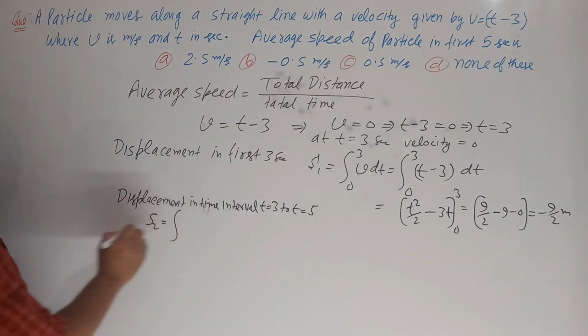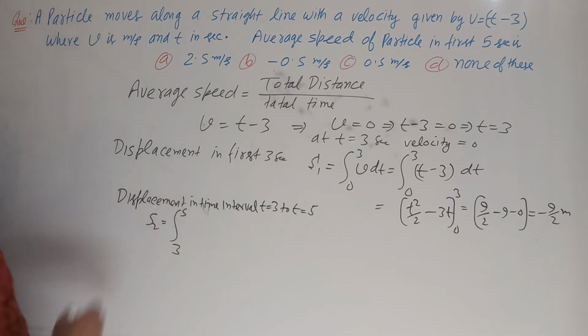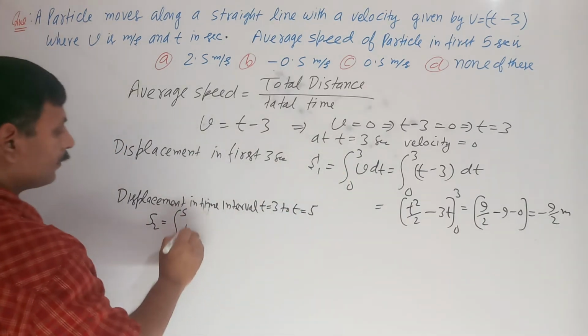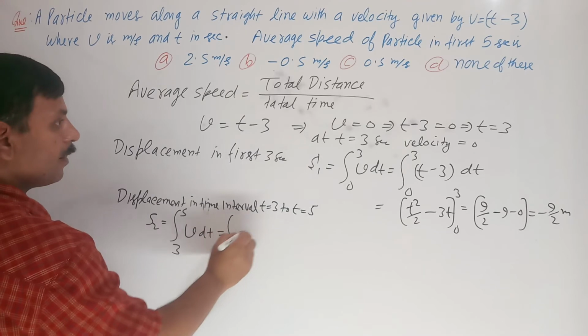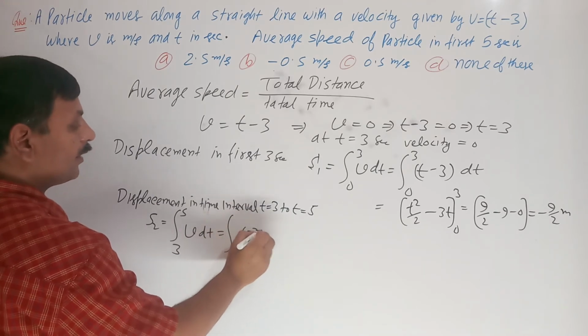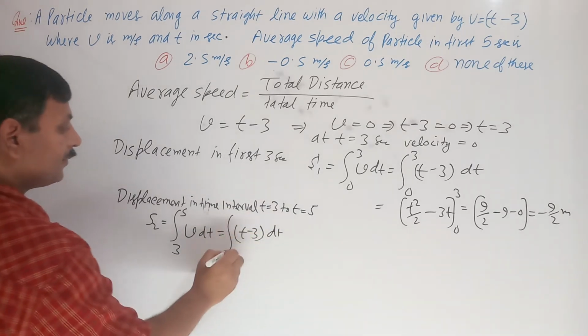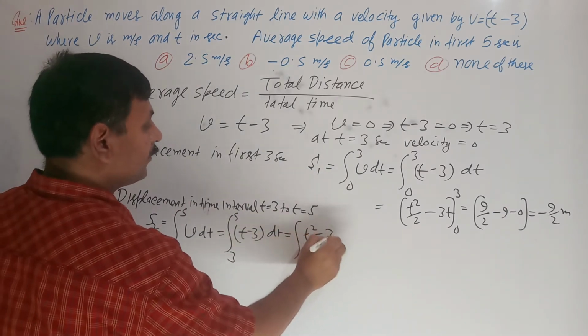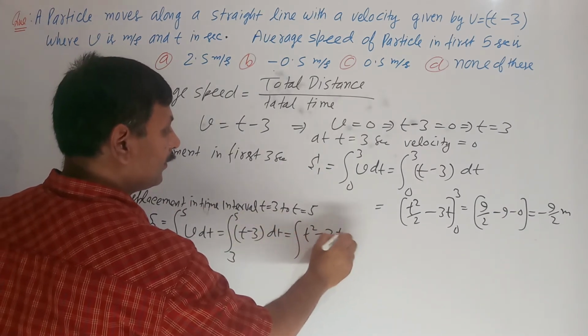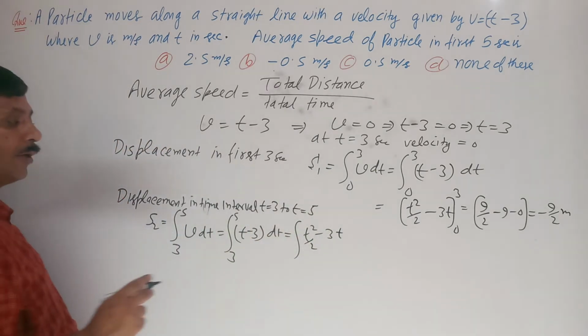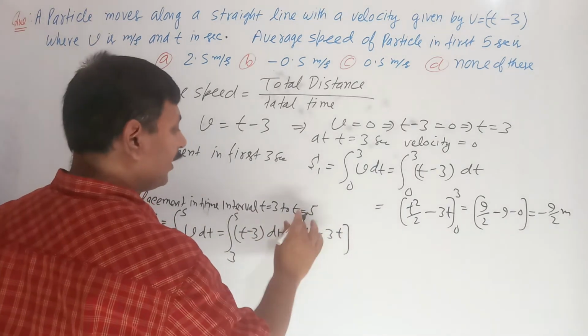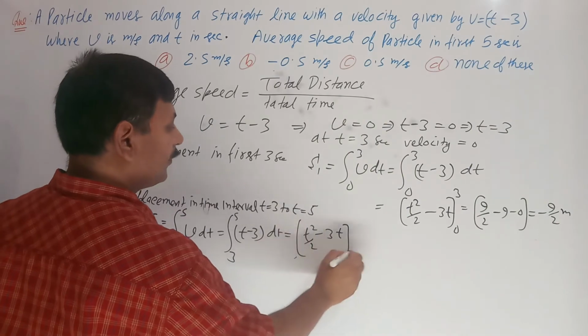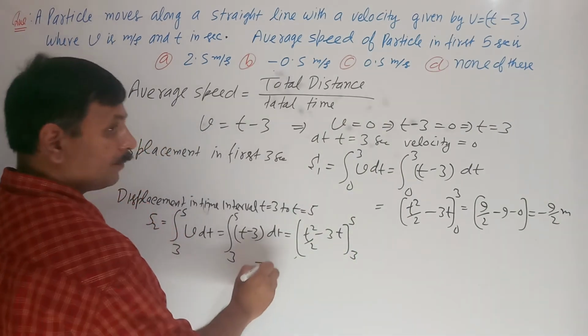Suppose this is S2, integral from 3 to 5 of v dt, that is (t minus 3) dt, integration of t square by 2 minus 3t from 3 to 5.